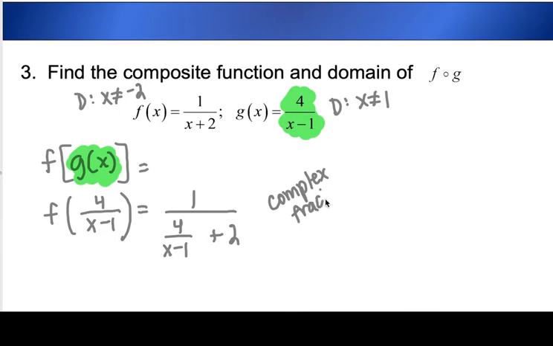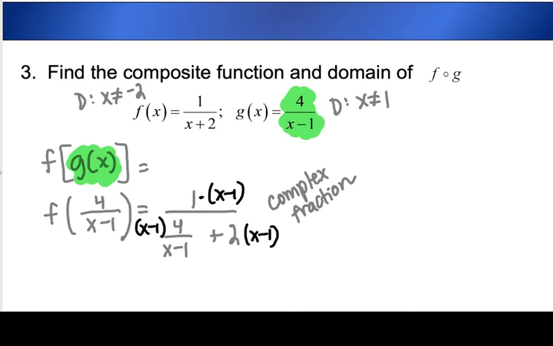That's a fraction within a fraction, and that we have to clear. So we're going to clear that fraction by multiplying each term in the fraction by x minus 1. I really don't like the way I just wrote that. It should be in the numerator.